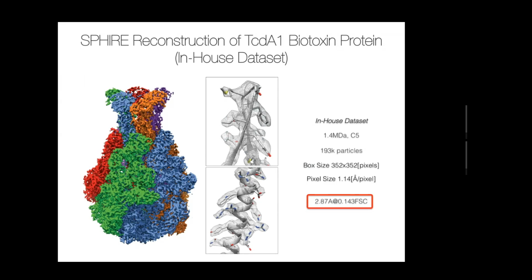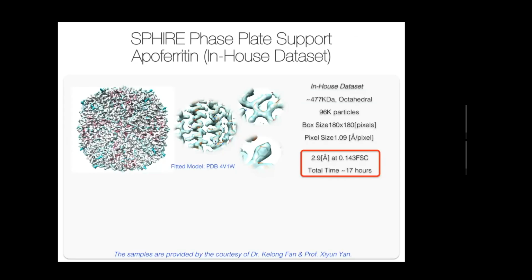We are also continuously trying to improve the resolution of our standard dataset. This is TcdA1 biotoxin protein. With this, we achieved 2.87 angstrom. Finally, we are currently evaluating the performance of the SPHIRE phase plate support with several datasets.